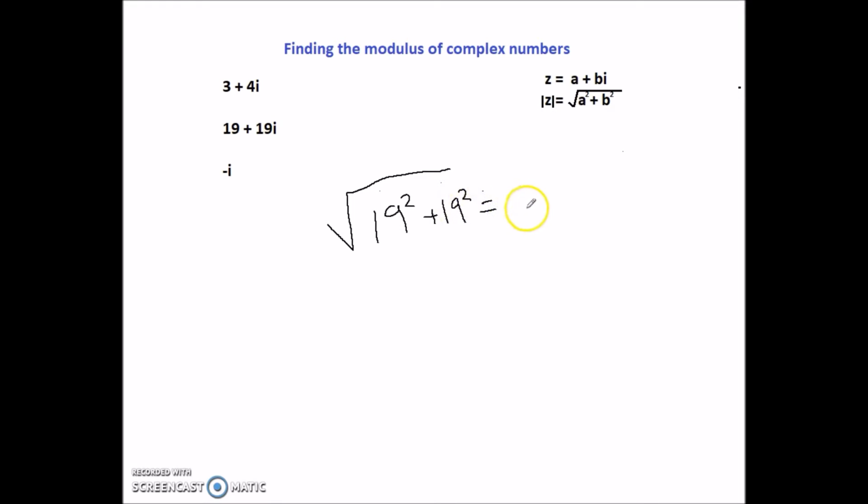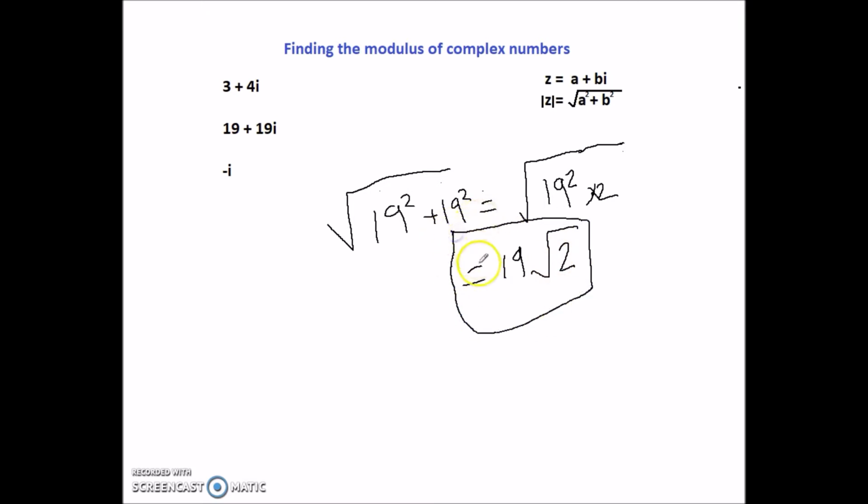That simplifies because we have two 19 squareds, so what we can do is simplify that, and what that will give you is 19 squared times 2, all under a square root. If you do the maths, the squared and the square root will cancel out, which just gives you 19, and then we end up with root 2. Can't simplify that anymore, so we leave that as the answer.